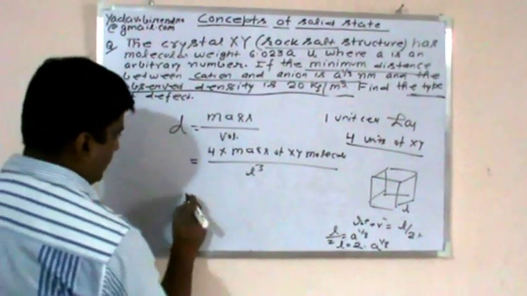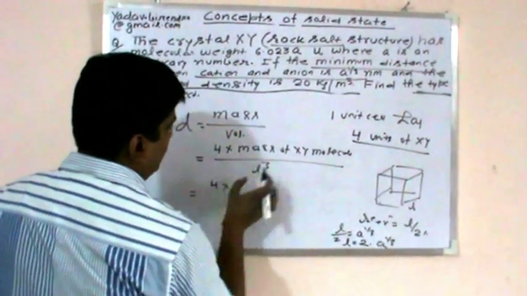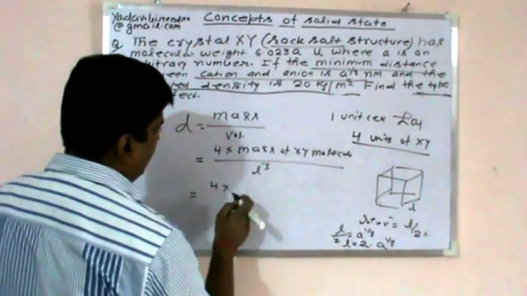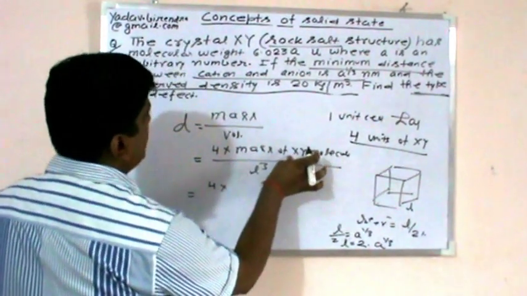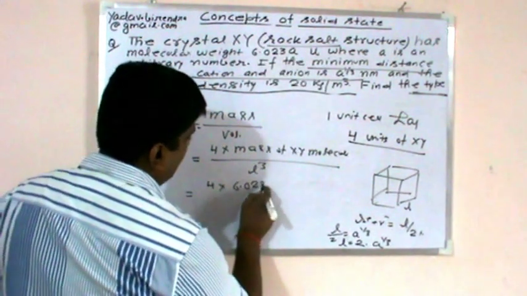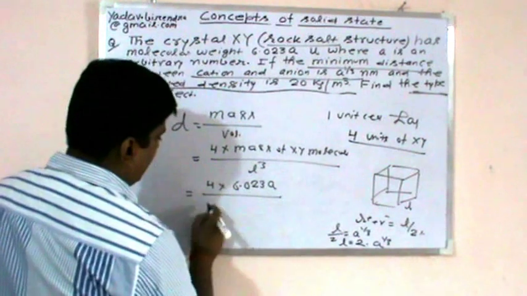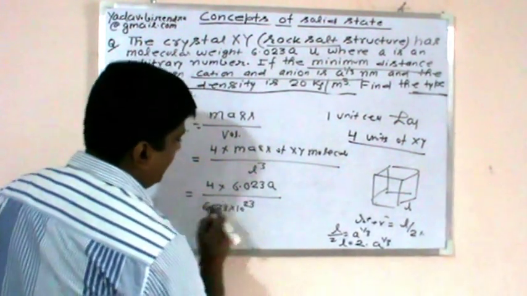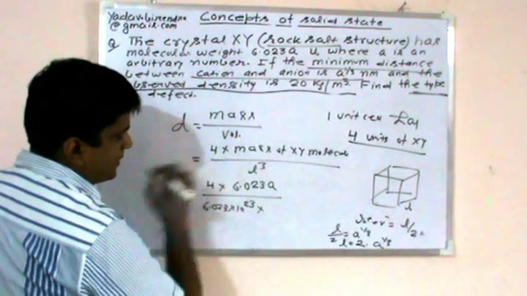Now substitute all the values. 4 into, to find the mass of one XY molecule, I will write the molar mass of XY, which is given as 6.023 A, divided by 6.023 into 10 to the power 23, into volume, which is L cube.